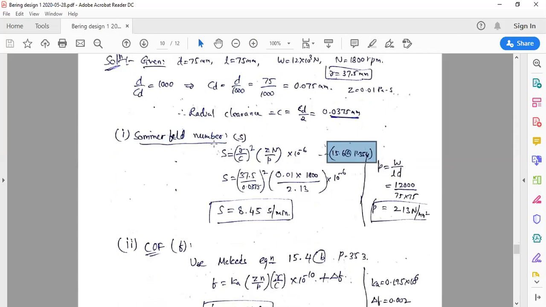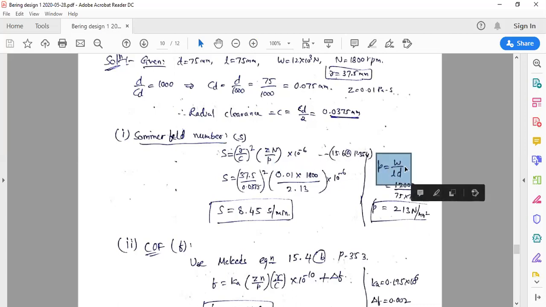S is the Sommerfeld number, (R by C) whole square into Zn by P into 10 raised to minus 6. R is 37.5, and C is 0.0375. Z is the absolute viscosity 0.01 Newton second per meter square, and capital N is 1800 rpm. Pressure is not given, so you have to calculate it separately.